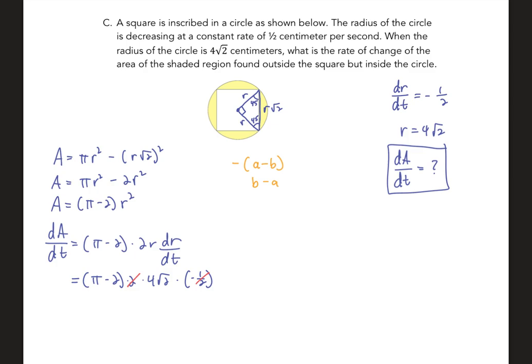I'll start over here again. And so when we apply this negative to this term here, it'll switch those. Okay, times 4 root 2.